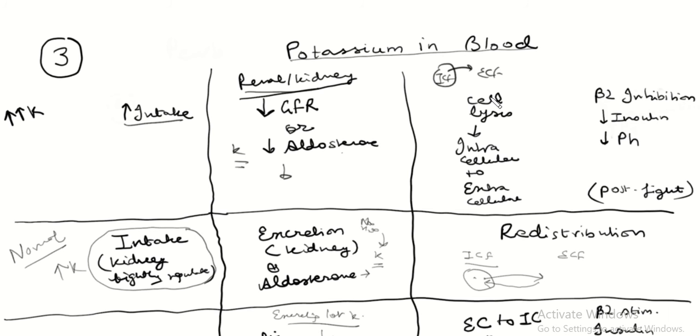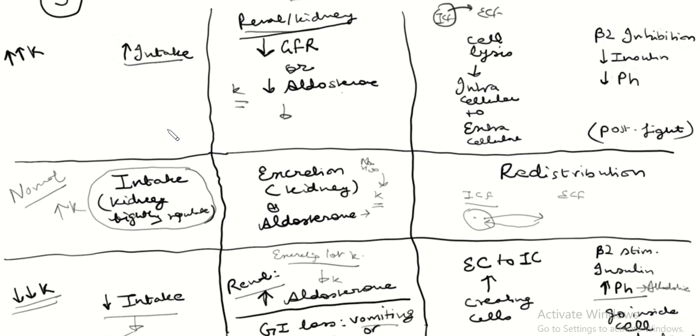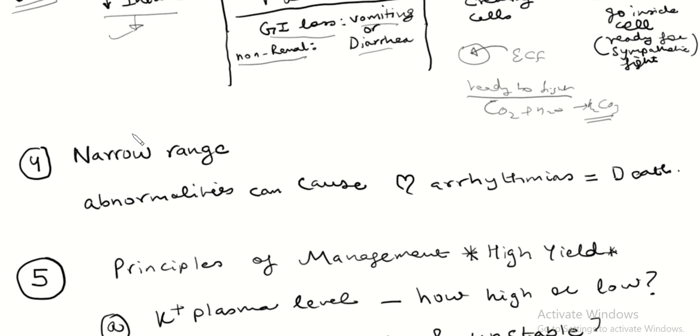Okay? So that's the general approach to understanding what's causing the potassium to go up or down, and the different mechanisms. Okay, so again, we talked about the narrow range and what potassium does: it causes issues with EKG or electrical activity of the heart.